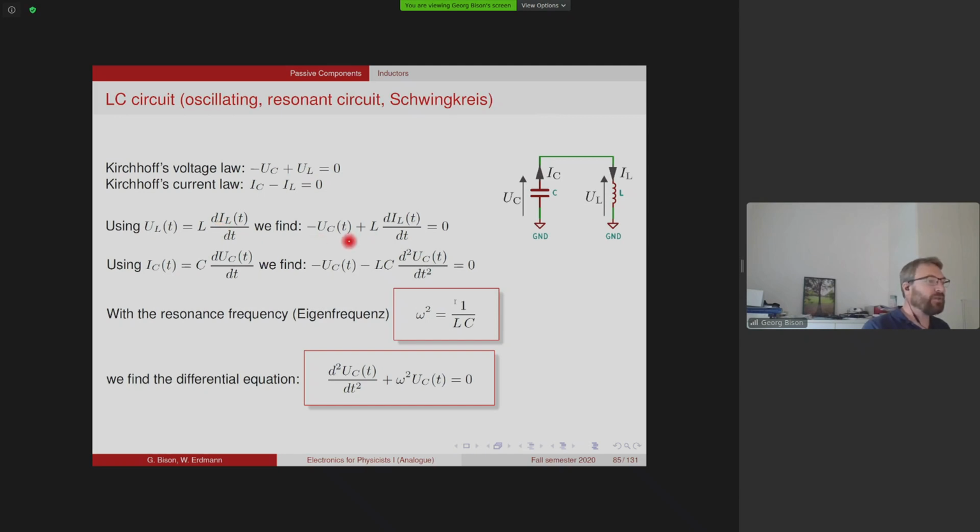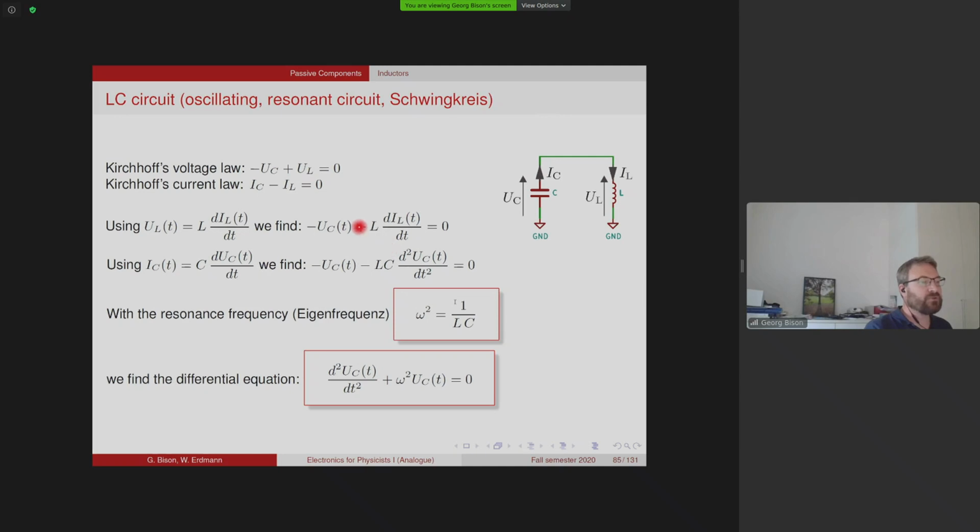And so we can use the characteristic equation of the capacitor to replace that, and in the end get an equation for the voltage of the capacitor. Now, in this equation, since we have used these characteristic equations with the derivative, we have used them twice.